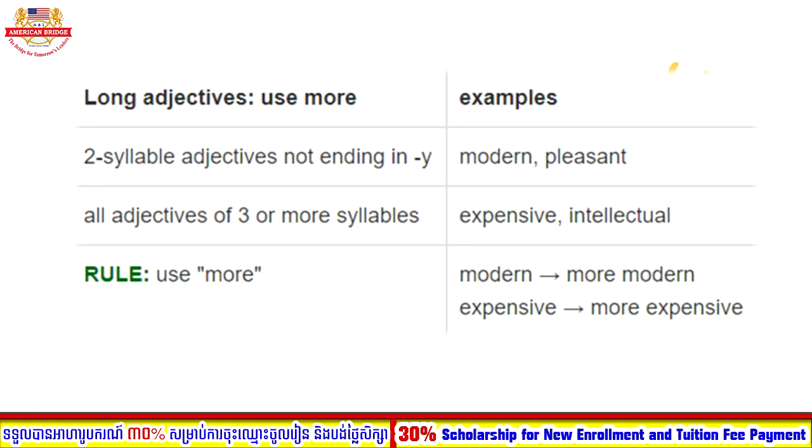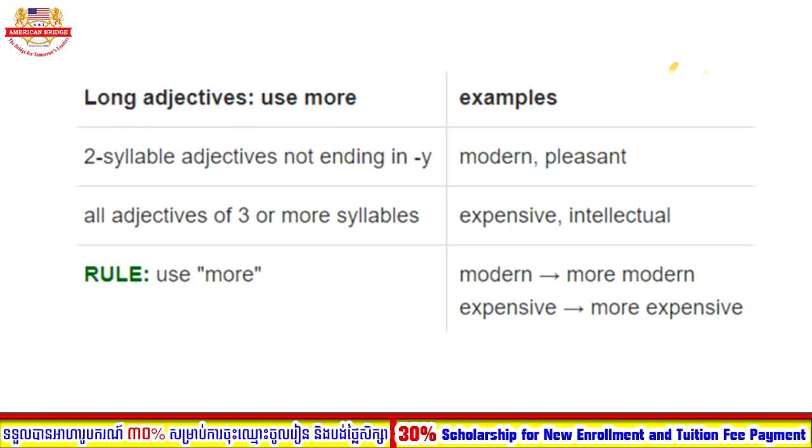Again, long adjectives use more. Two-syllable adjectives not ending in Y, like modern and pleasant, we add more, like more modern. Adjectives with three or more syllables, like expensive and intellectual, also use more. More expensive, more modern.